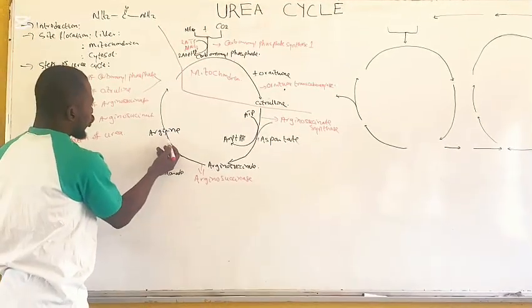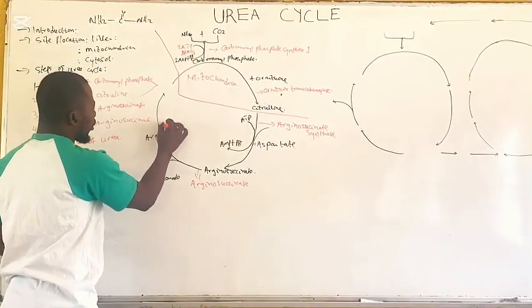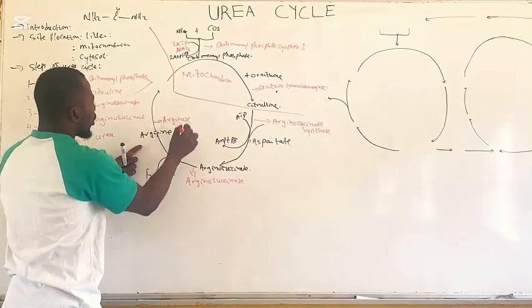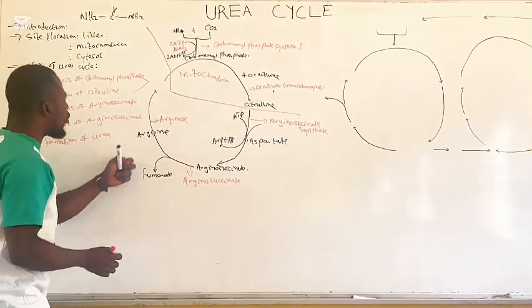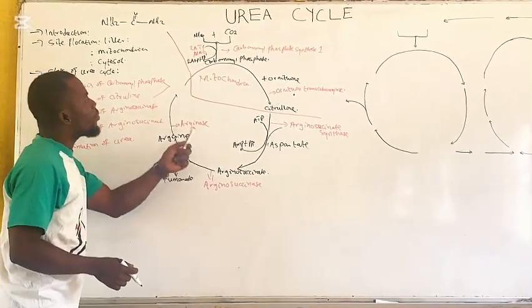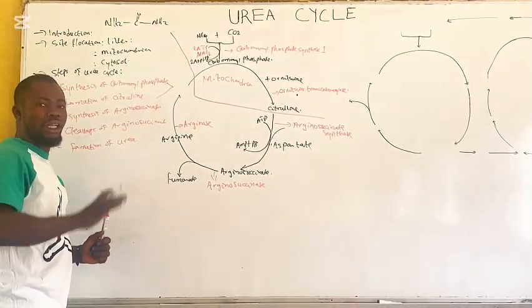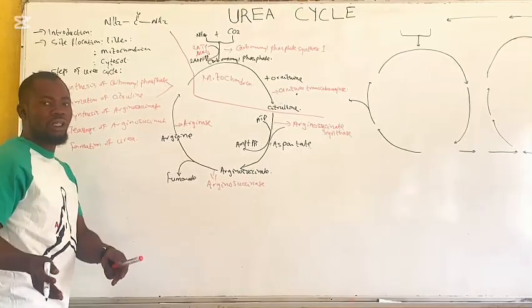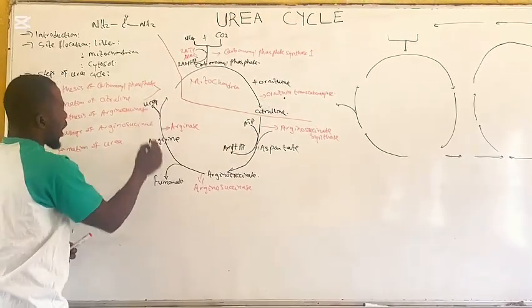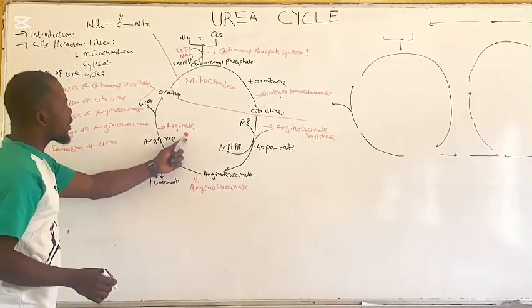Arginine will be cleaved to form urea and ornithine, in the presence of an enzyme called arginase.